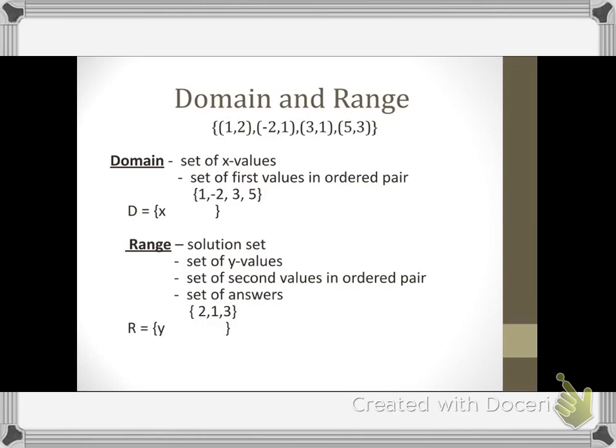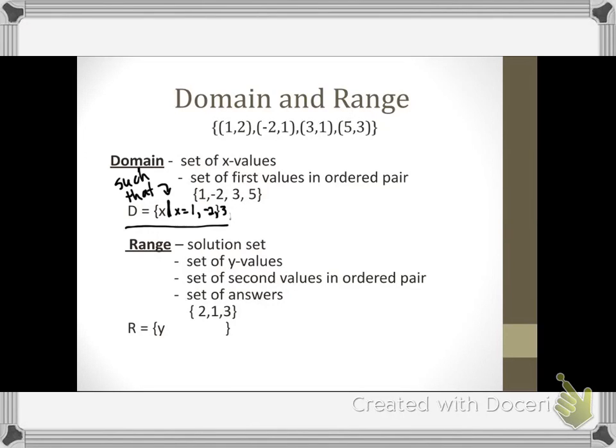Another way to represent it would be in what we call set builder notation right here. This is the domain equals the set of all real numbers x. This bar means such that, the set of all real numbers x such that x equals 1, -2, 3, 5.